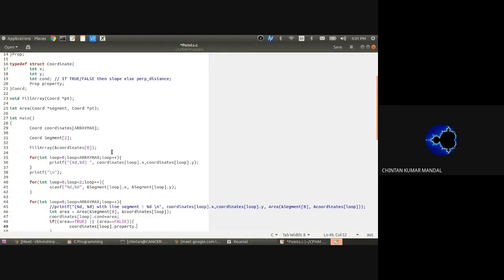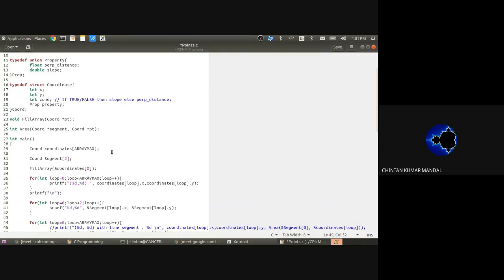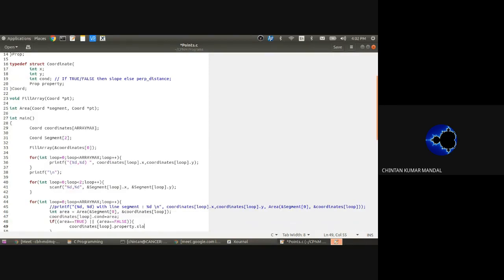If this is the case, I'll be keeping the slope equals to slope. What will I be passing? I'll be passing this thing again.